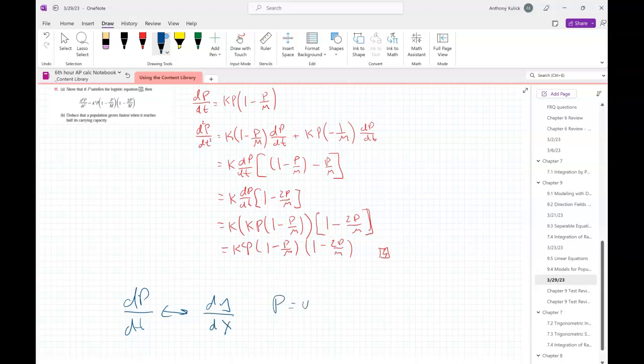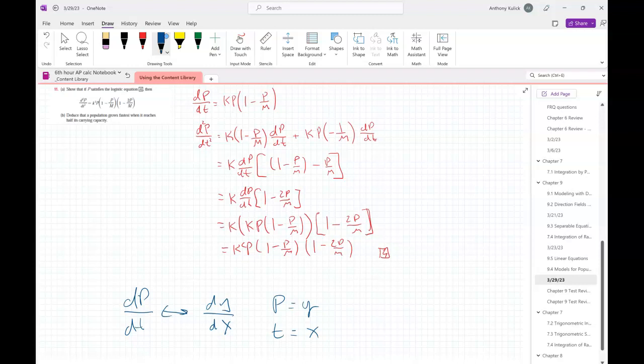So P is like my y, that's a variable, and t is like my x. So the M is a constant, the K is a constant. Everything else is constant other than P and t. And notice there's no t's anywhere in here. Yeah. So it's like doing d dx of y. So when I do that, I should get a dy dx every time.